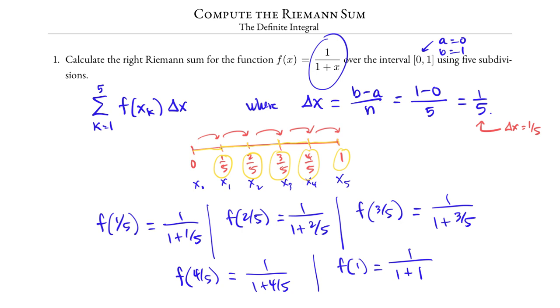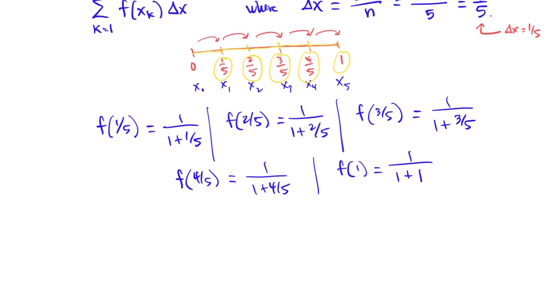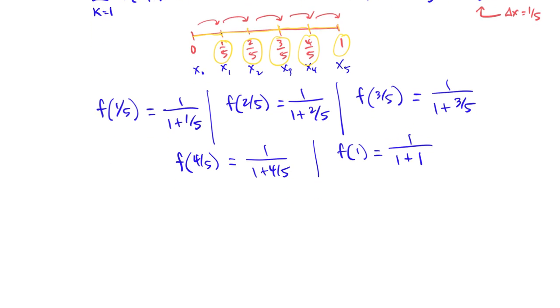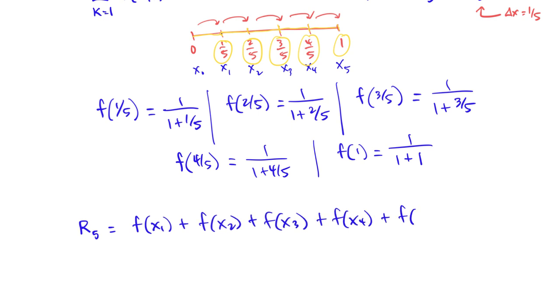Now that we have the width and the corresponding height, we can set up the Riemann sum. We will have 5 terms, and using the right endpoint with 5 subdivisions, we have f of x sub 1 plus f of x sub 2 plus f of x sub 3 plus f of x sub 4 plus f of x sub 5, and then multiply by delta x, because remember that we factor out delta x.